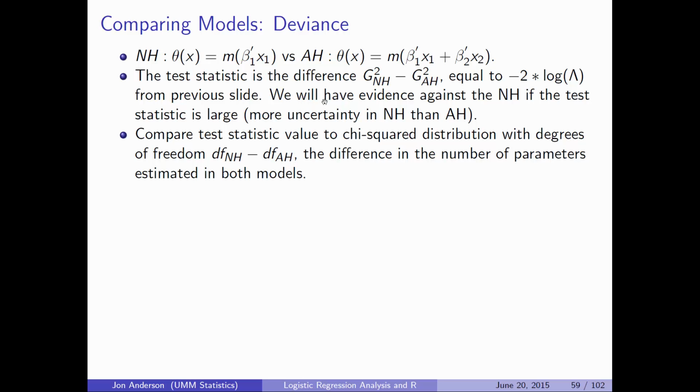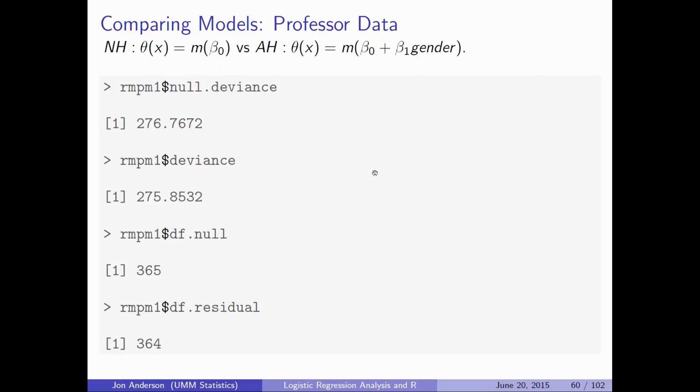And it turns out that the test statistic is just the deviance of the null hypothesis model subtracting the deviance of the alternative hypothesis model. And if you compare that statistic to a chi-square distribution, which has the degrees of freedom, which is just the difference, you can test whether you need the extra variables.